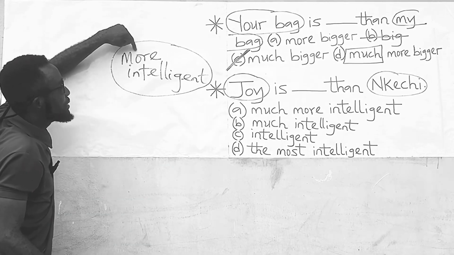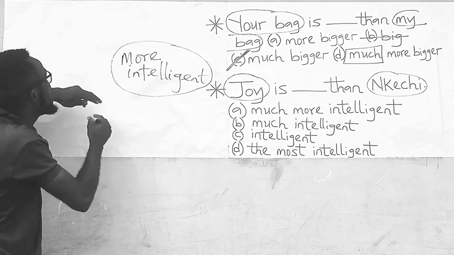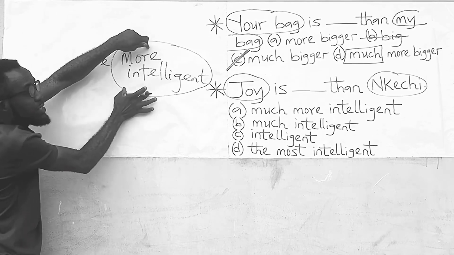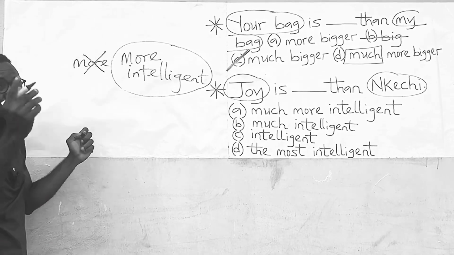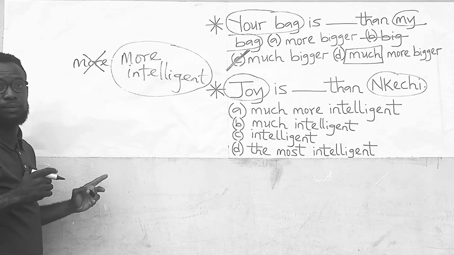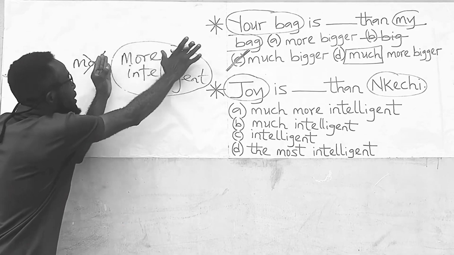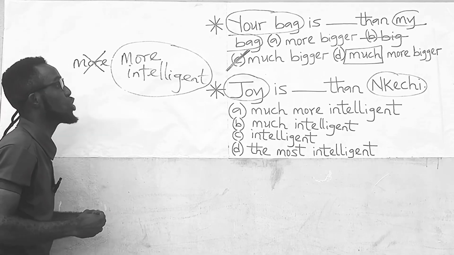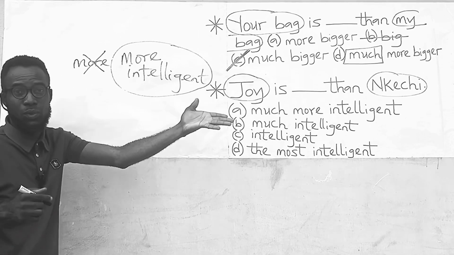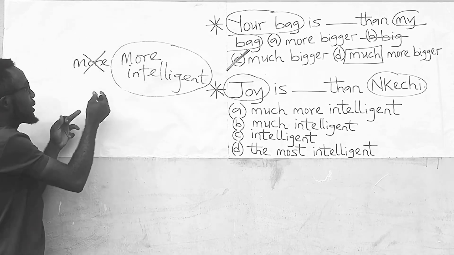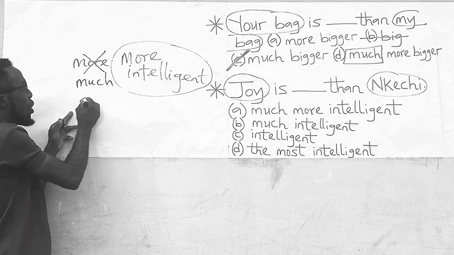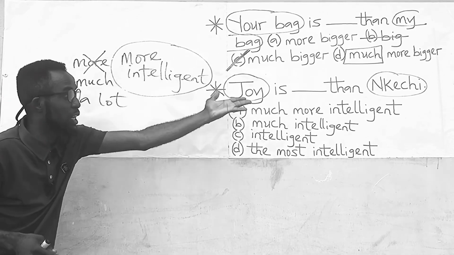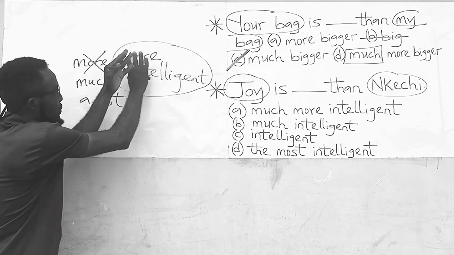To this written comparative adjective, we cannot attach more. That is, we cannot precede this comparative adjective by more. So there is nothing as more more intelligent. It is either we are using this comparative adjective the way it is in a sentence, that is, Joy is more intelligent than Nkechi, or if we must precede it by anything, it has to be much or a lot. So we can say Joy is more intelligent than Nkechi, using the comparative adjective alone.